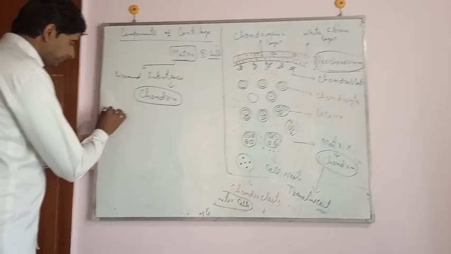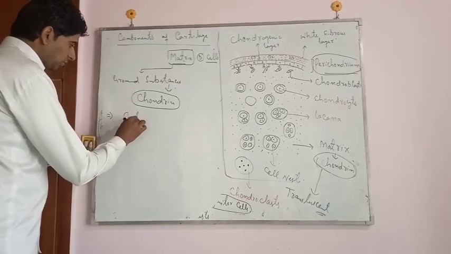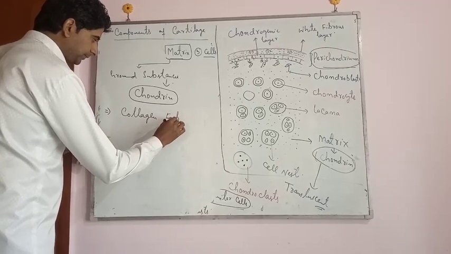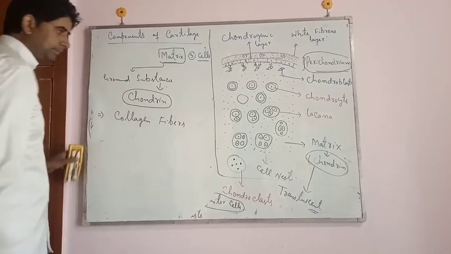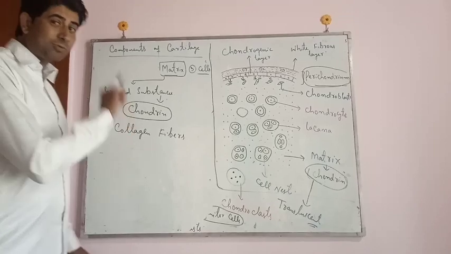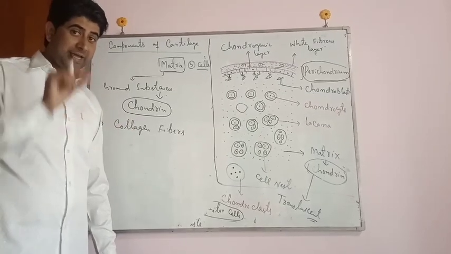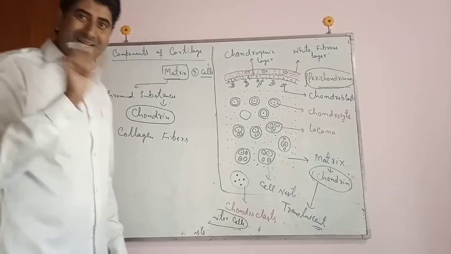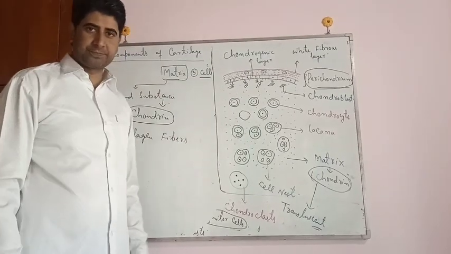And this matrix is made up of collagen fibers. Since collagen fibers are white fibers, being white in color, the cartilage is mostly whitish in nature.